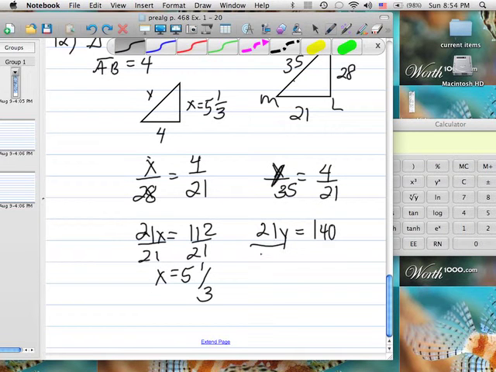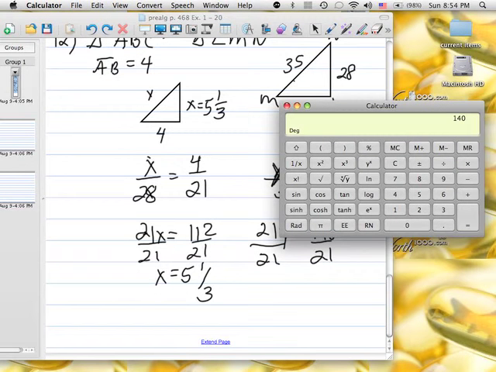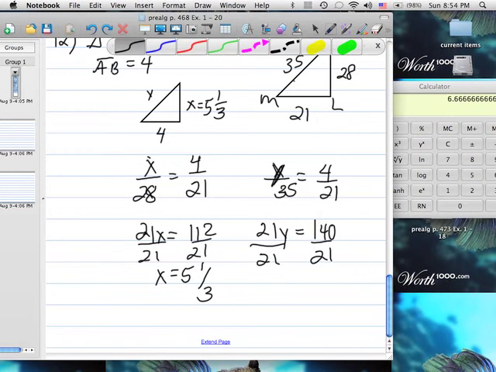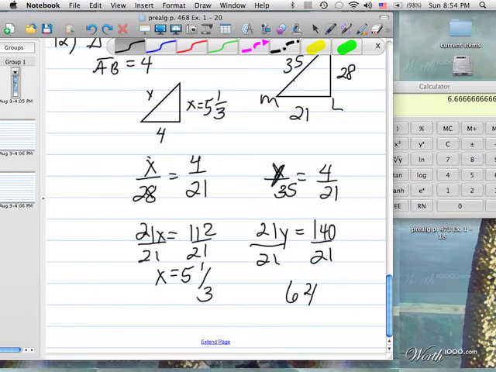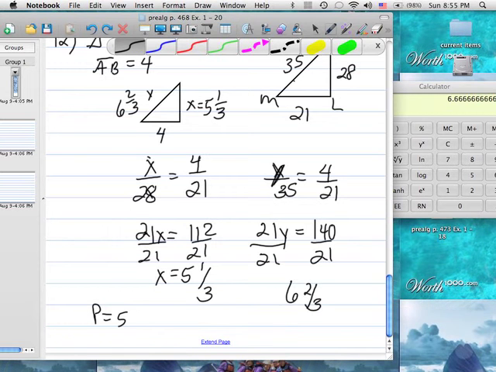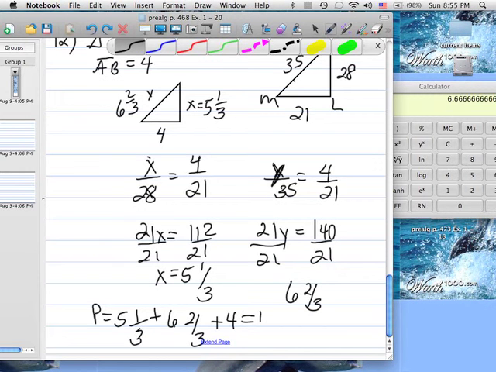Divide by 21, and we get 6 2/3. So if we add the sides up, 5 1/3 and 6 2/3 makes 12. Plus the 4 gives a perimeter of 16.